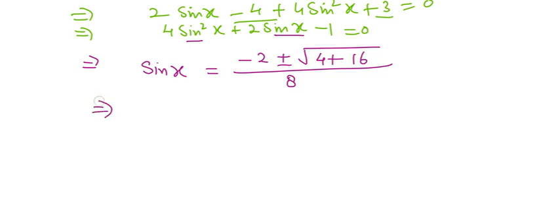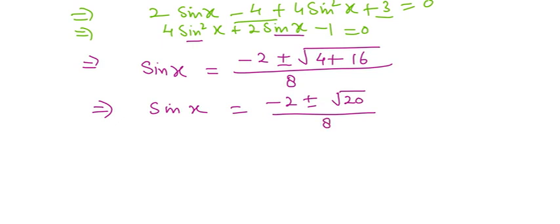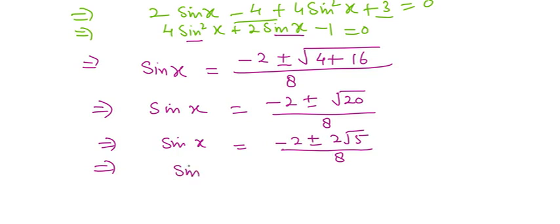Or you can say sin x is equal to minus 2 plus minus under root 20 upon 8. Sin x is equal to minus 2 plus minus 2 under root 5 upon 8. When we solve, we will have sin x is equal to minus 1 plus minus root 5 upon 4.